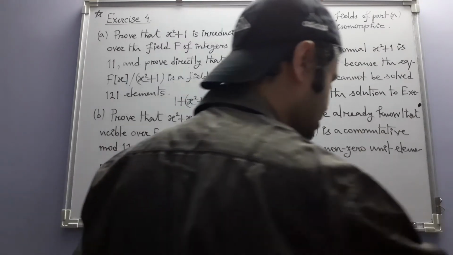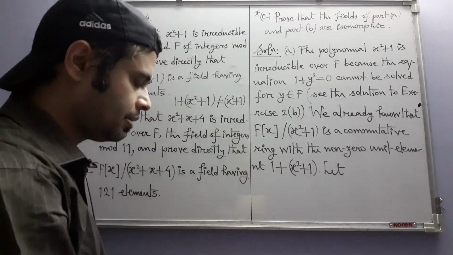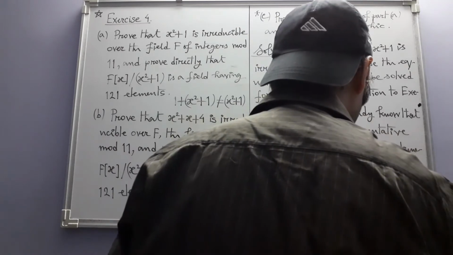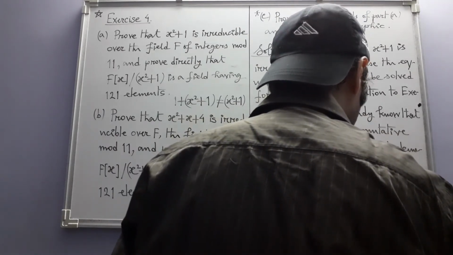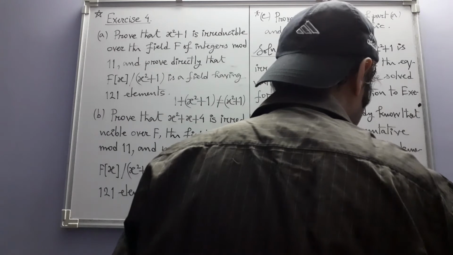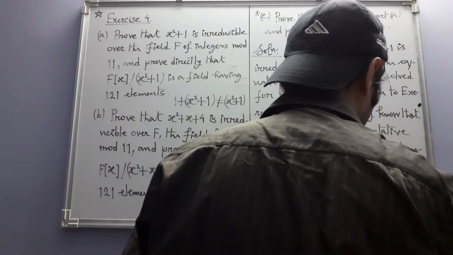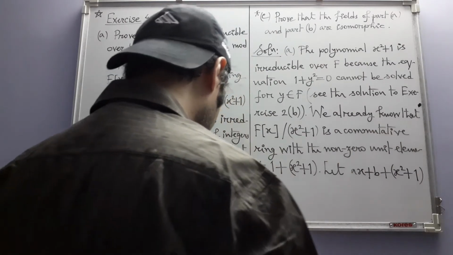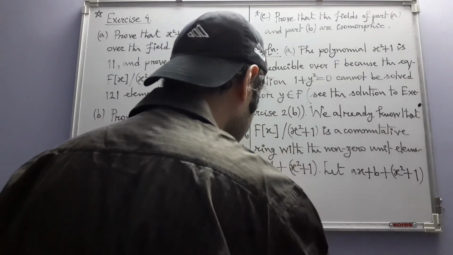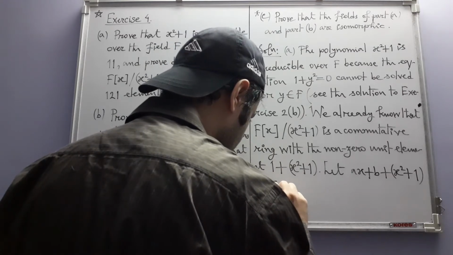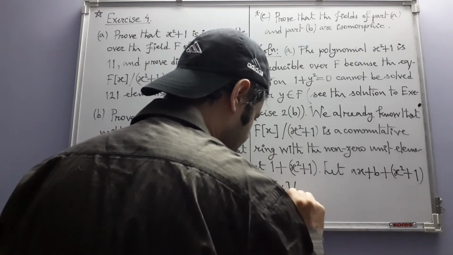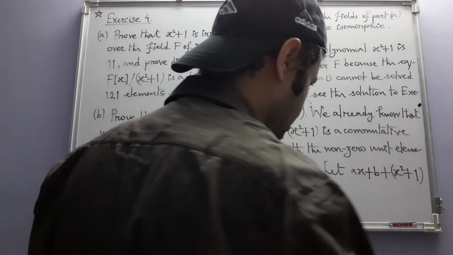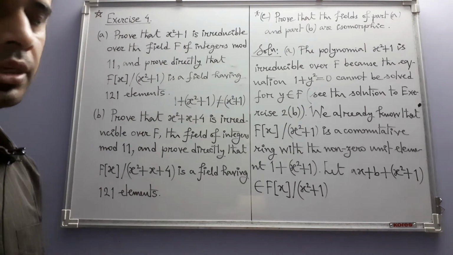So without mentioning a general polynomial, we write, here itself, let ax plus b plus x square plus 1 be an element in the ring F[x] by x square plus 1, which is not equal to 0.